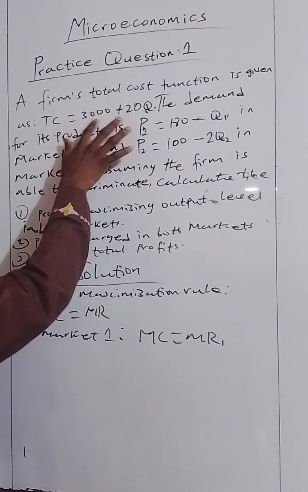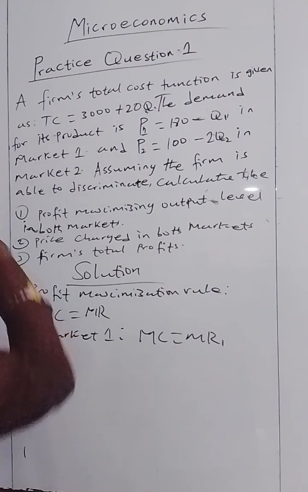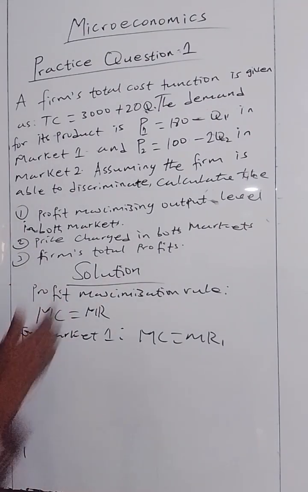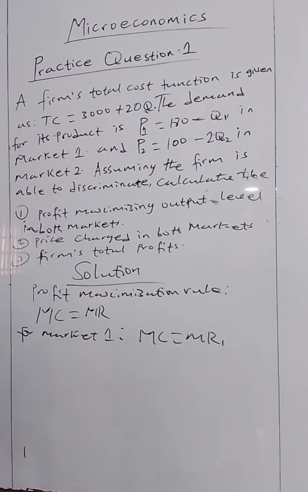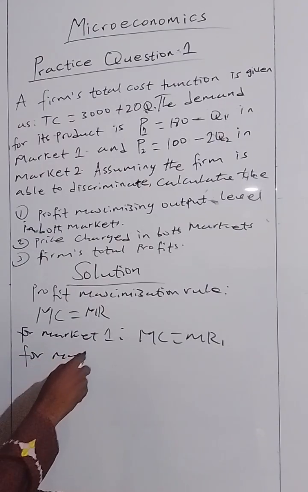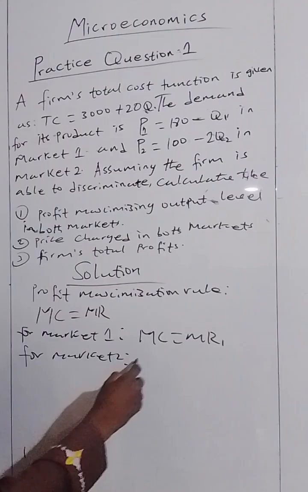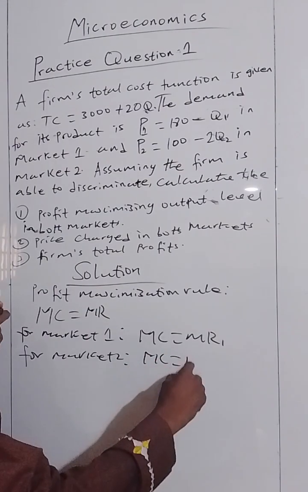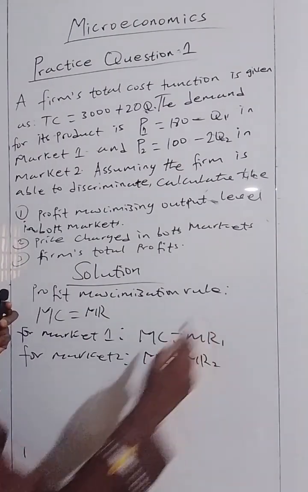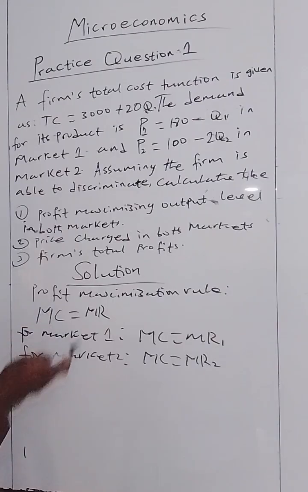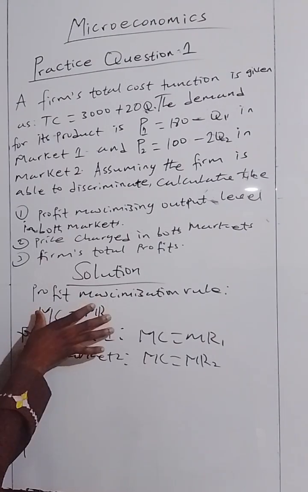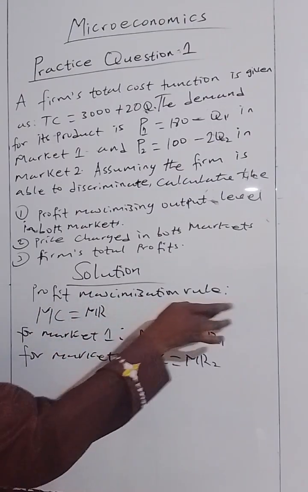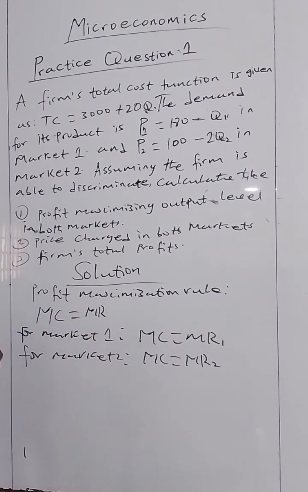Because we are only given a common total cost function. This one total cost function. Now for market 2, it's going to be MC equals MR2. So this is the same thing as this, but the only difference is that this one is the general profit maximization rule, while this one is specific to markets.